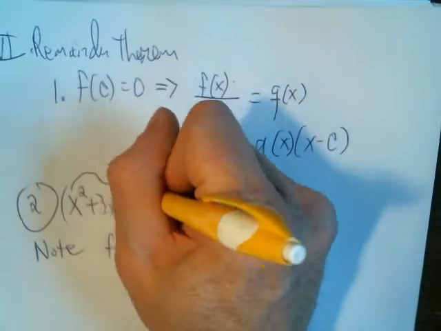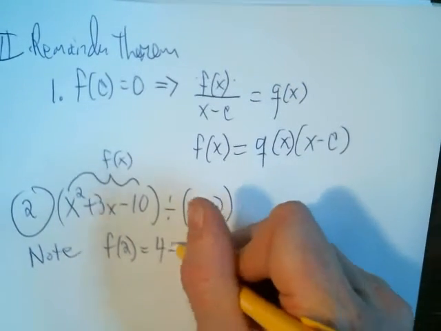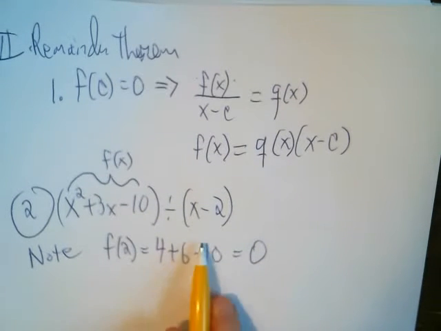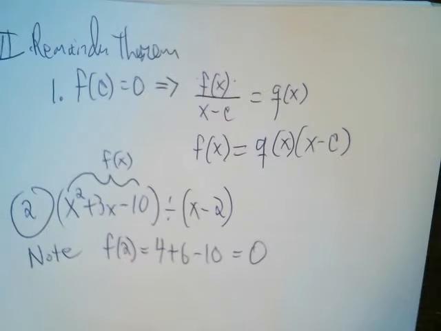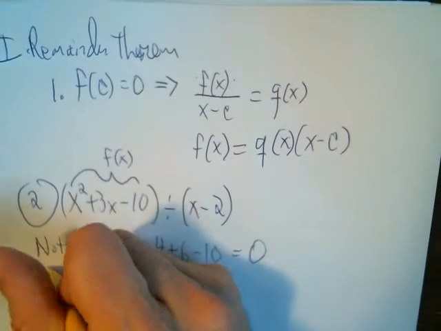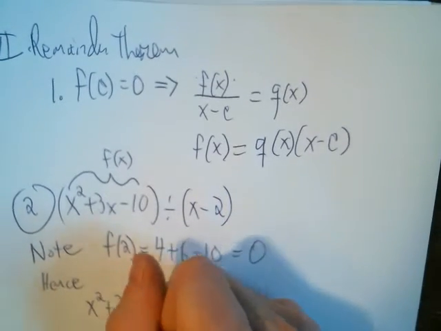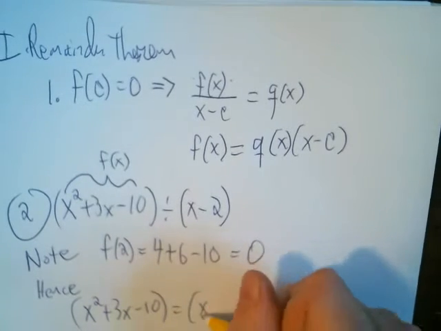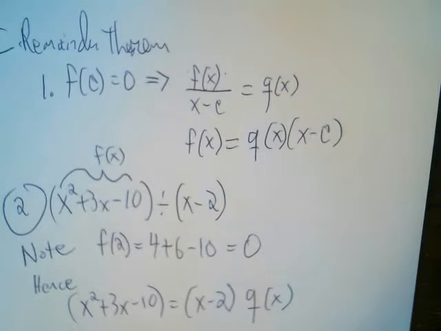And again, this is what we're calling f of x. f of 2 is 4 plus 6 minus 10, which is 0. Okay? So this thing should be evenly divisible by x minus 2. And so at the end of the day, we should be able to rewrite x squared plus 3x minus 10 as x minus 2 times something, that q of x from above.